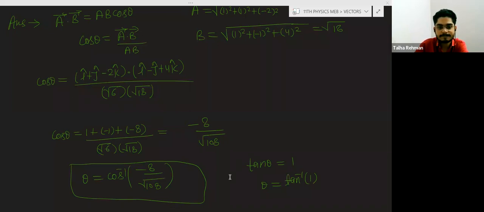If you have any doubt in this, then you can ask me. This is a simple calculation. I have just put A dot B divided by AB.